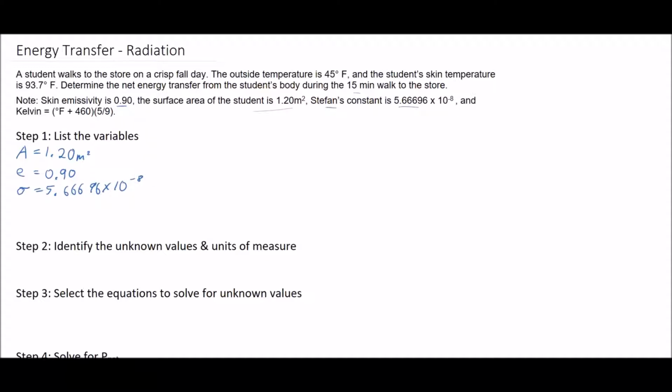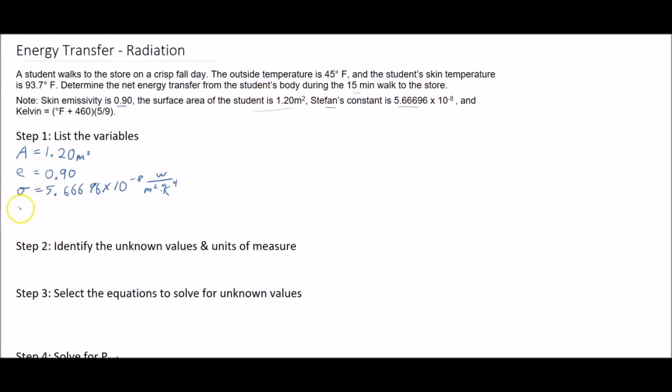And the units for that aren't given here, but they are watts per meters squared per degrees Kelvin to the 4th. So again, I'm not sure why it's not given here, but it's just not. But I like units. Well, they're important because they represent real life.